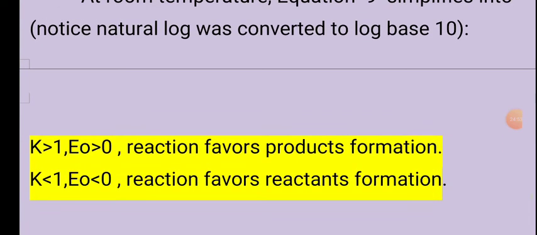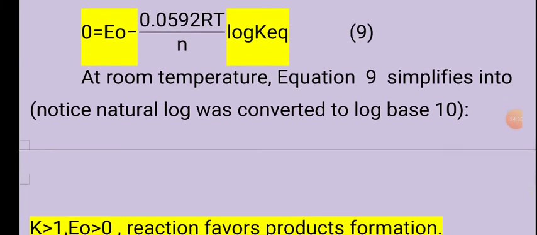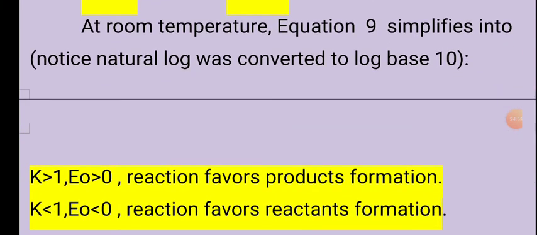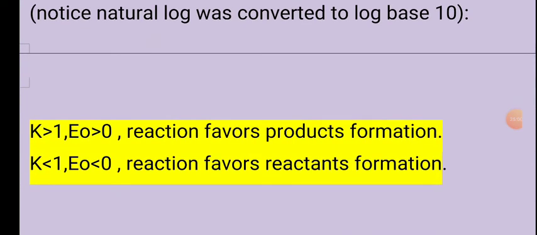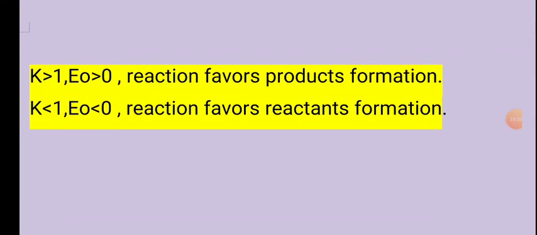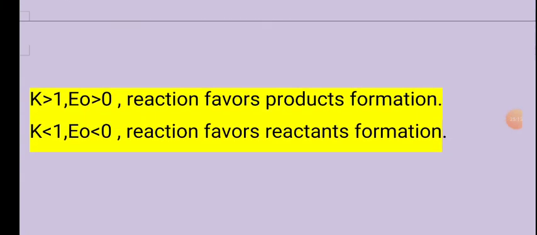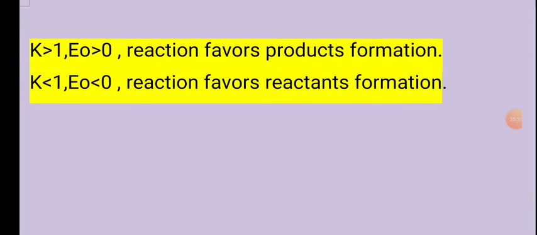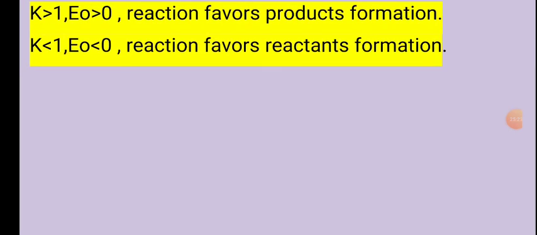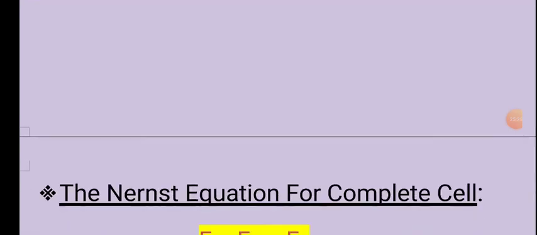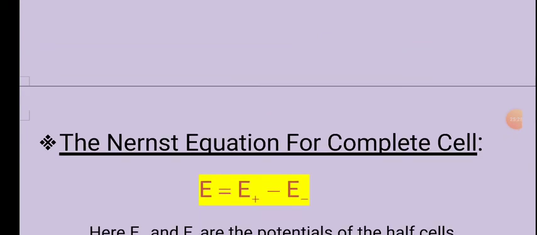If K is greater than 1, then E0 will be greater than 0, and it favors the reaction formation, that is, it will go forward to the right-hand direction. But if K is less than 1, then the log value will be negative, and in that case E0 will be less than 0, or negative, and it will be a non-spontaneous reaction.